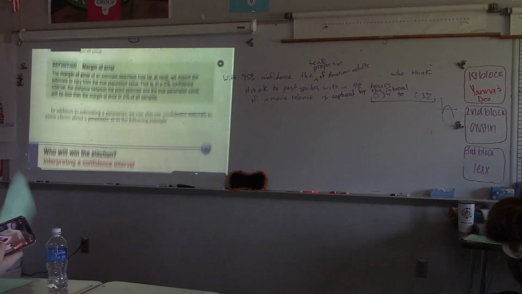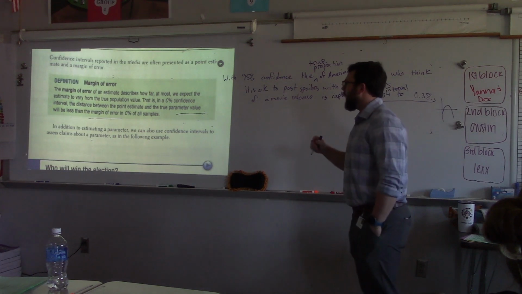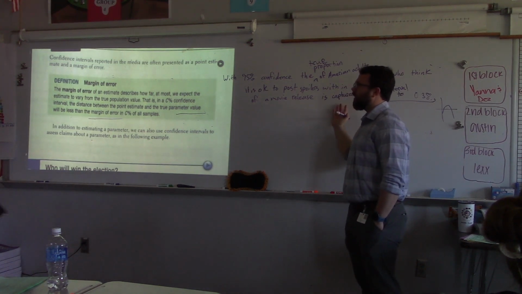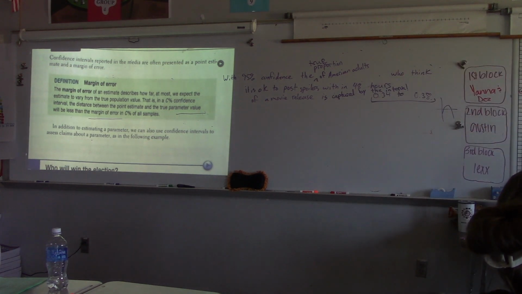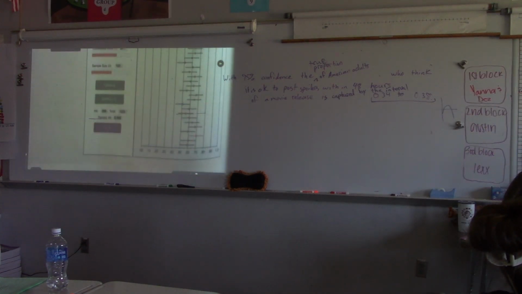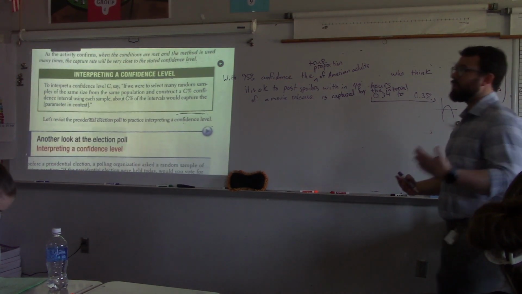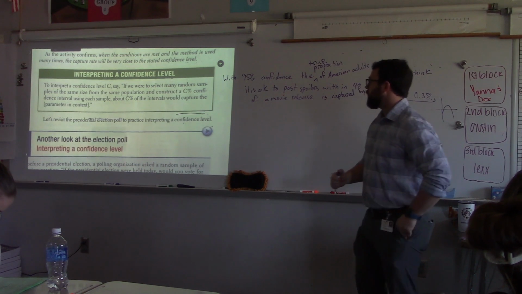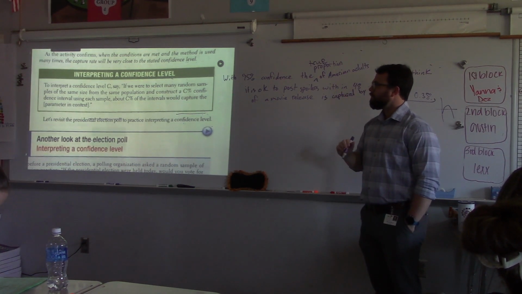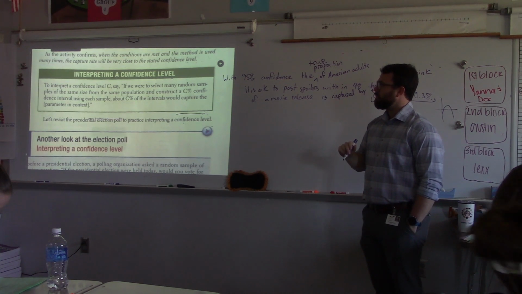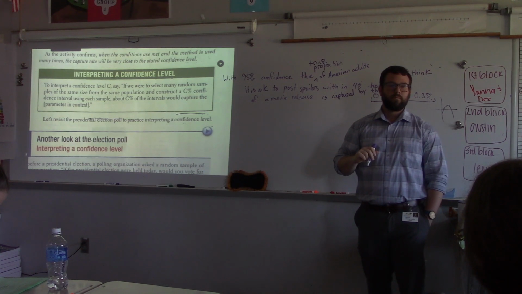So let's actually interpret the problem we were just looking at with spoilers. How would we interpret our confidence level? The AP exam will ask you about interpreting confidence levels versus confidence intervals at times, so you've got to be careful about the difference. Don't make it harder than it is.